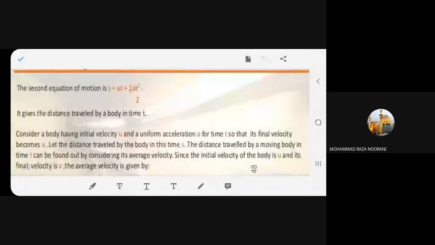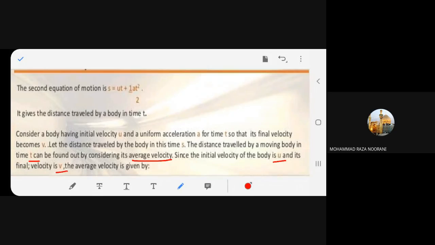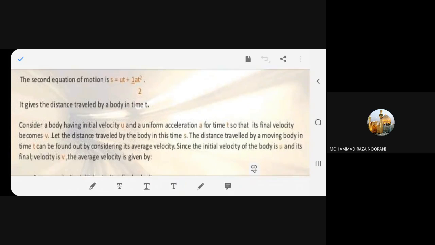So the distance traveled by a moving body in time t, we can find even by considering the average velocity. If our average velocity is known, I can find the distance. We know initial velocity is u, final velocity is v. So what will be the average velocity? I hope you know that. You have to add and divide by 2, isn't it?